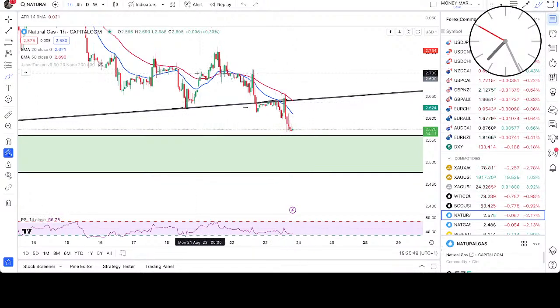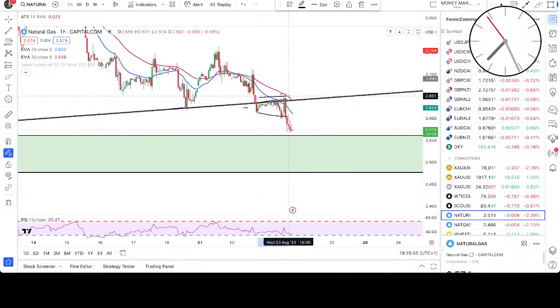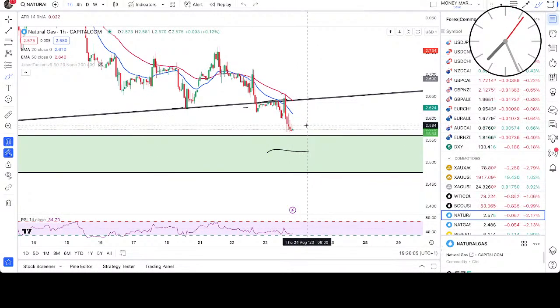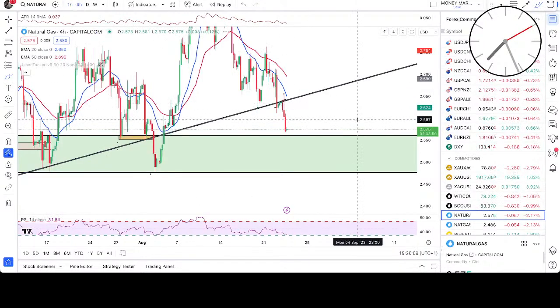Are you talking about this? No, I can't see any clear pattern here, so I'm still looking at this zone here, or a sell condition with the pullbacks if you are looking at natural gas, and that is all I'm looking at for natural gas, not looking at any sort of patterns at this point.